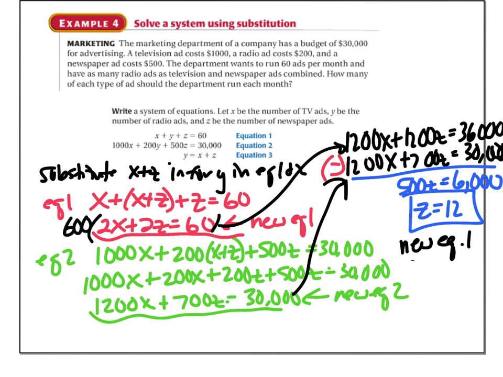Honestly, it really doesn't matter. It's just what I had on my paper, and I don't want to screw up my math. So there we have that, and then solving for x, we end up with x equals 18, our second variable out of the 3.